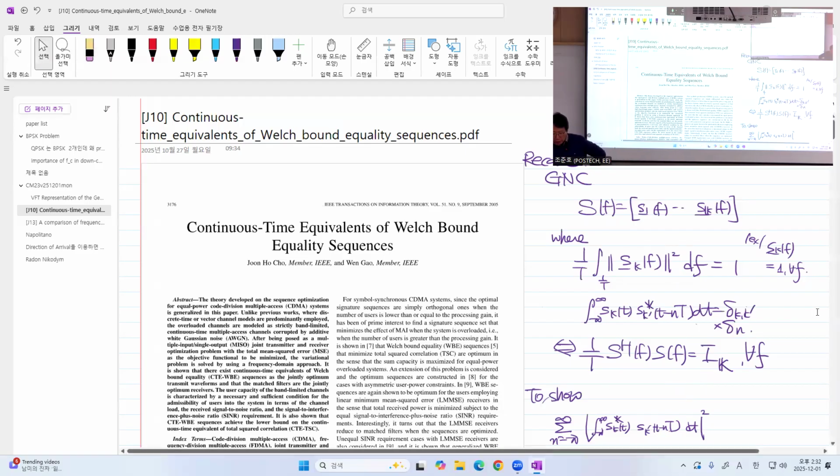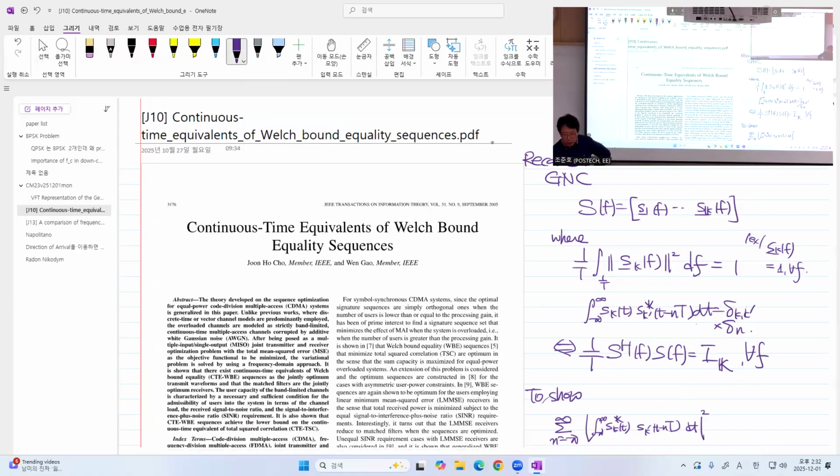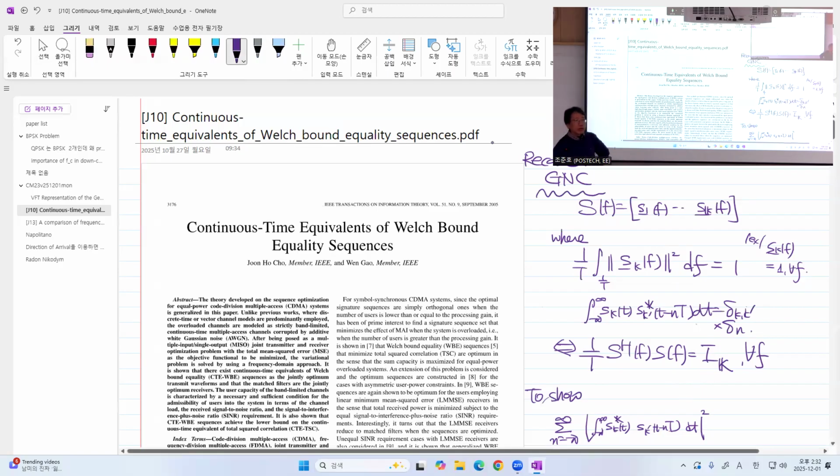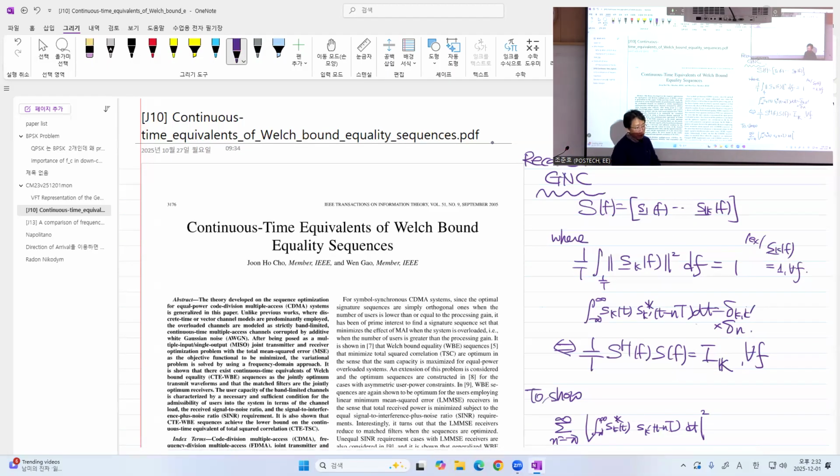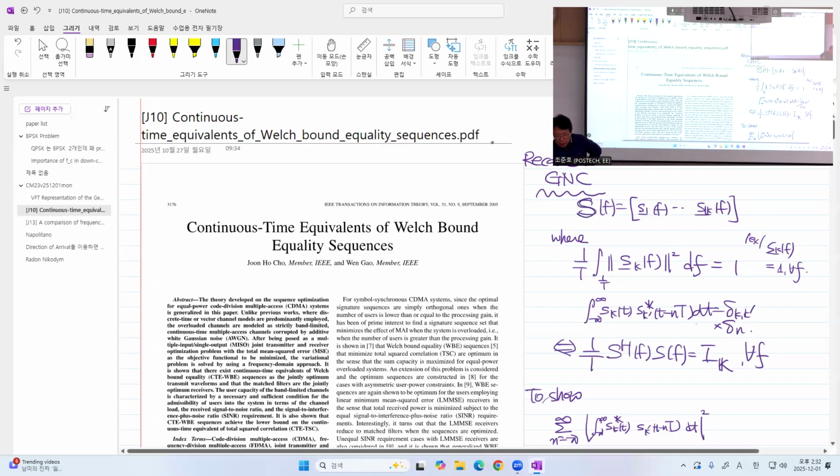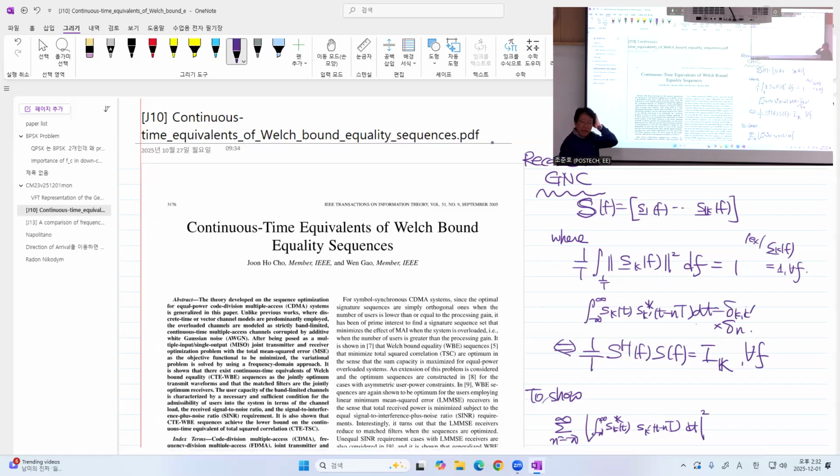So as you see, here goes the generalized Nyquist criterion for orthogonality, for square root generalized Nyquist criteria. And as I told you, let's consider a very large matrix S of F that has capital K columns.